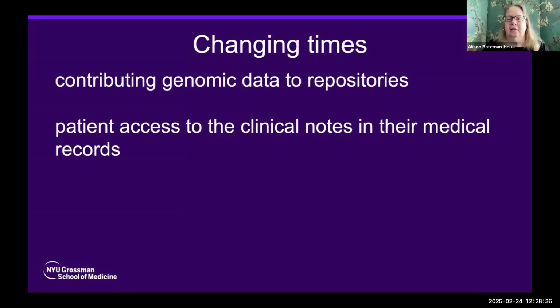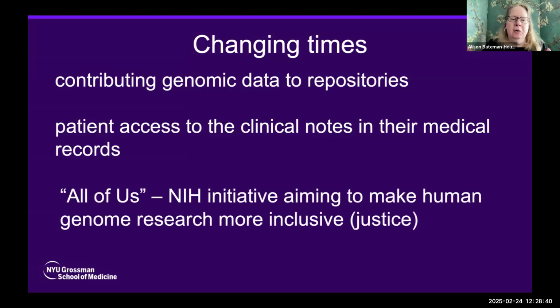Patients now have access to the clinical notes in their medical records. And even with All of Us, NIH's initiative to make genomic databases more inclusive, this is not only an idea of, hey, we want to bring data into the system so that research can continue and learn more.